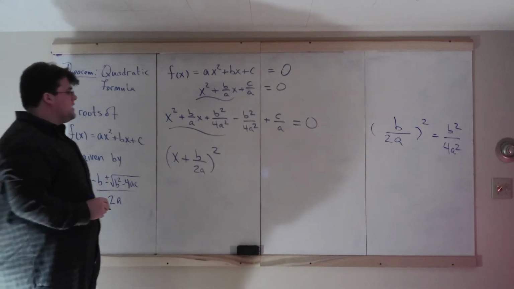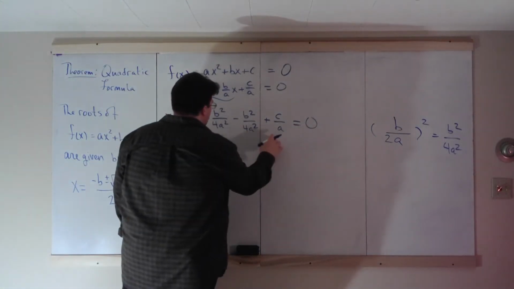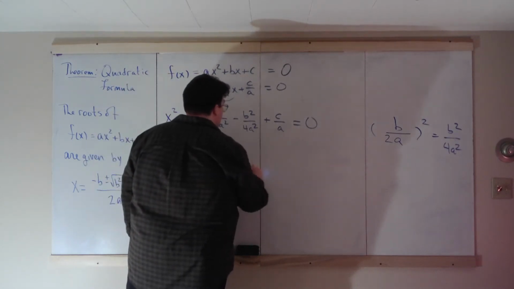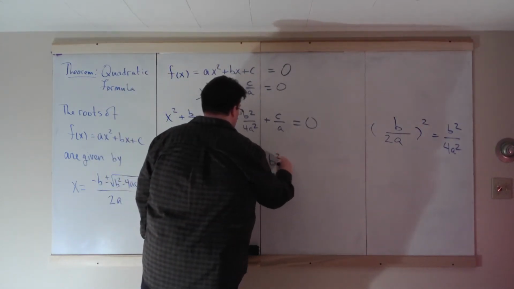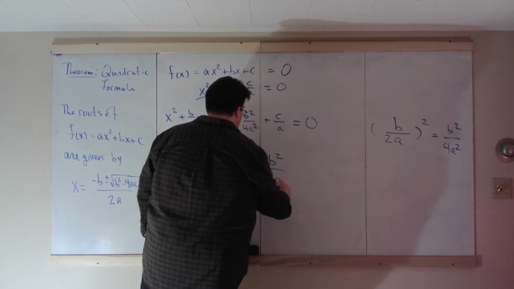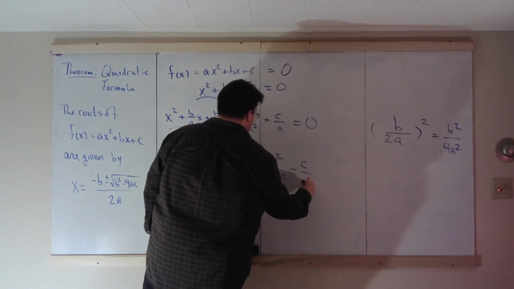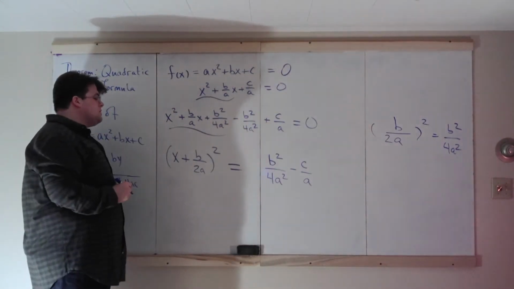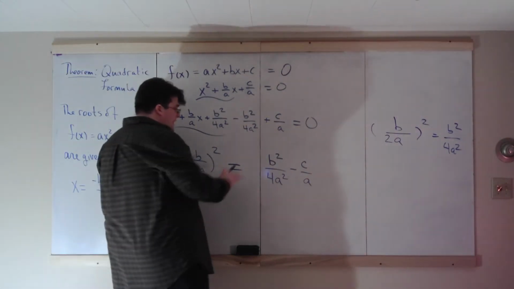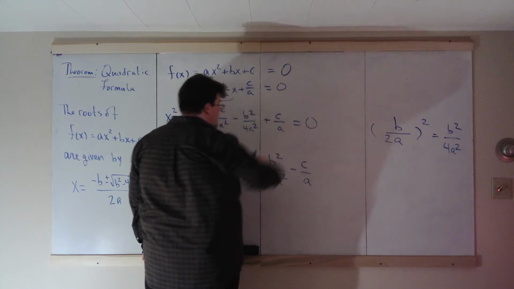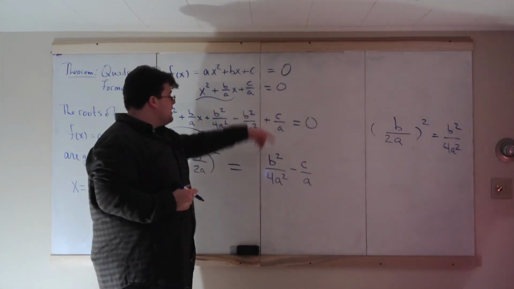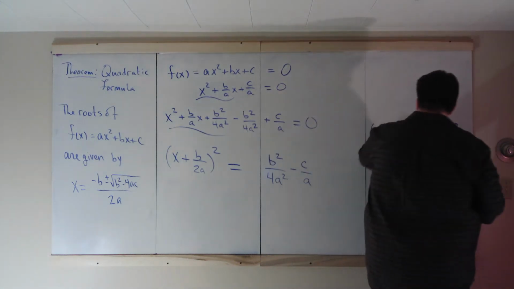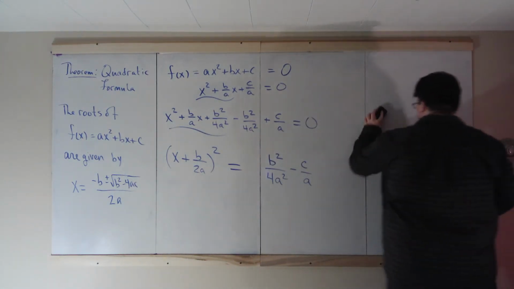Well, what are we going to do next? Well, we could write these, I'm going to put them on the other side. Equals what? B squared over 4a squared minus c over a. So I knew this was going to be a perfect square. These are just numbers over here. So I move them to the other side, add this, subtract that, and that's what we get. Now, how do we solve this for x?